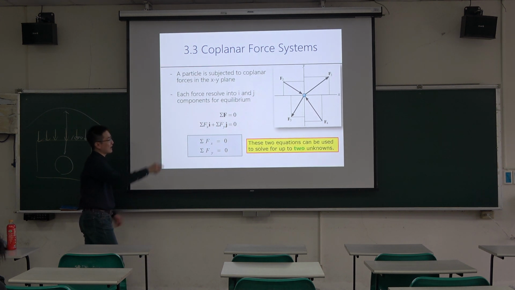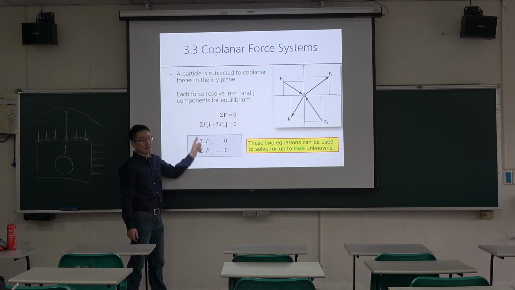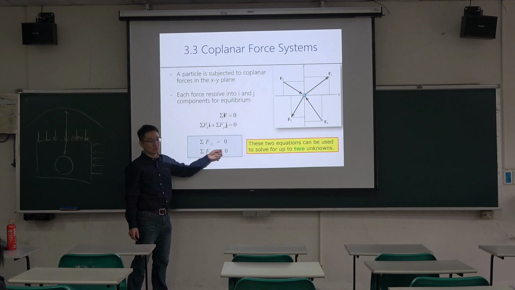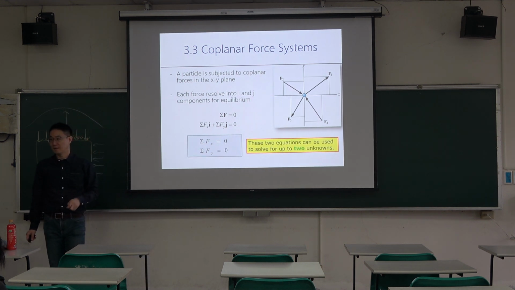Using this, x does not influence y, so they are independent. So x should be equal to 0, and y should also be equal to 0. Okay, clear?